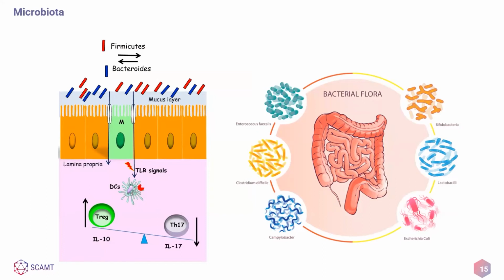But if there is damage to this balance between Firmicutes and Bacteroidetes, it will drive the immune response towards the Th17 pathway, which is a moderate immune response pathway, not as pro-inflammatory as Th1 and not as Th2, something at the border, but it drives the immunity to a state of chronic inflammation, and that's what happens in lots of autoimmune diseases.